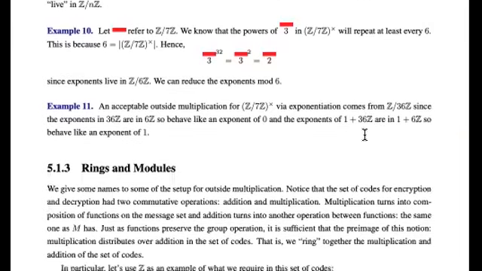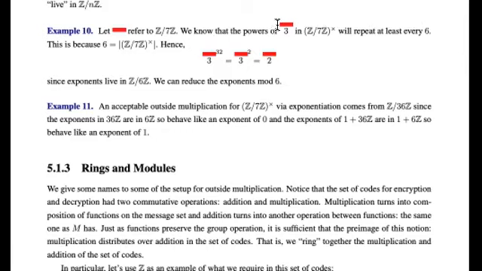Now let's look at the next example. So we're going to let this bar refer to Z mod 7. And we know that powers of 3 repeat every 6 because there are 6 numbers, 1, 2, 3, 4, 5, 6, that don't share any common factors with 7.